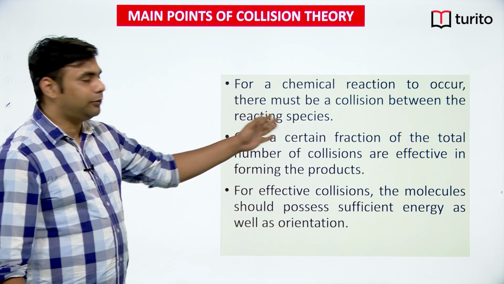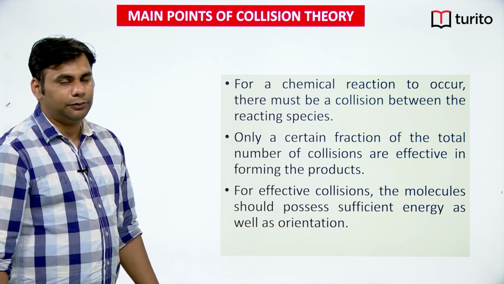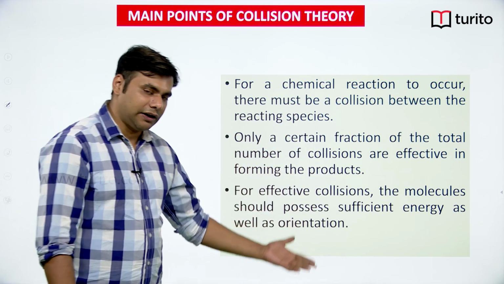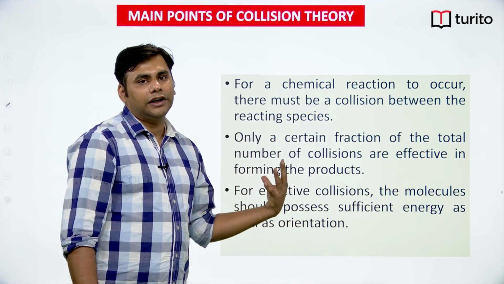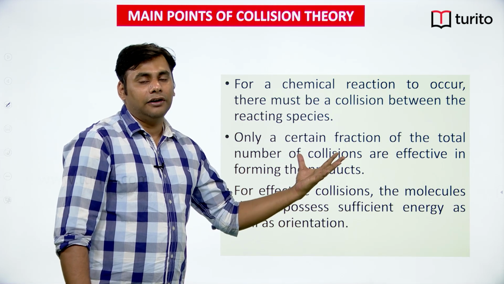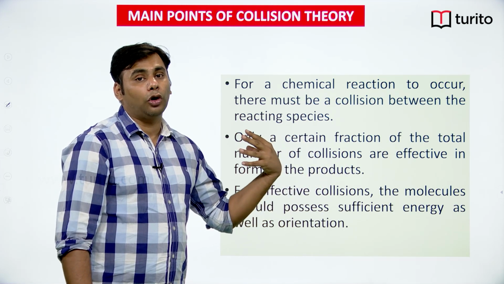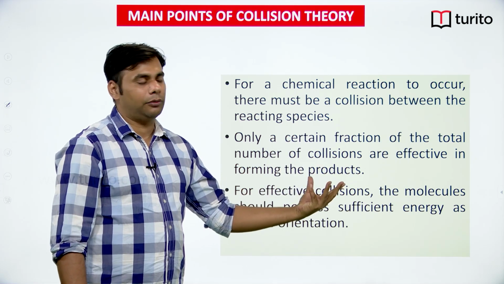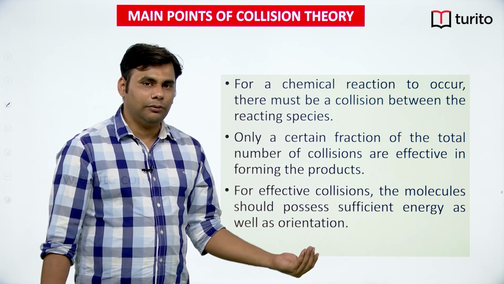If we conclude the main points of collision theory, we will say that for a chemical reaction to occur, there must be a collision between the reacting species. Only a certain fraction of the total number of collisions are effective in forming the products. Even though collisions might be energetically favorable, they might not be properly oriented. There has to be a certain orientation so that the products are formed. So only a few collisions will be effective.